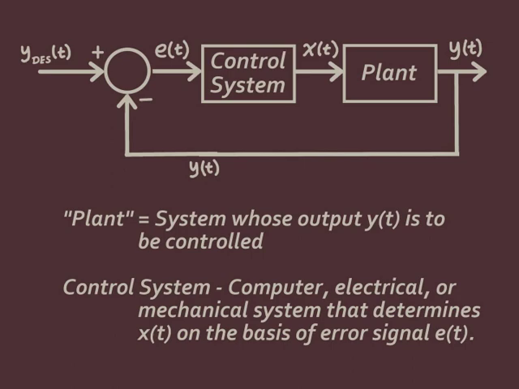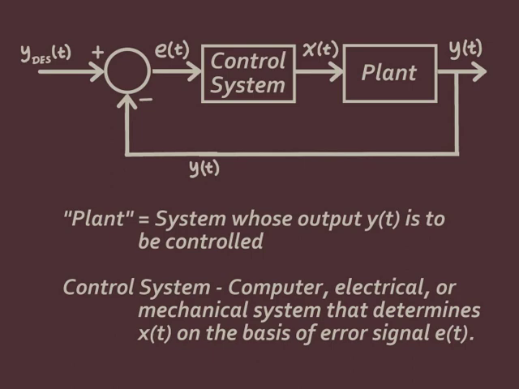So if the error signal was positive, that is, the chips are overcooked, the control system would likely speed up the belt in order for the chips to spend less time in the fryer. On the other hand, if the error signal is negative, indicating the chips are undercooked, then the control system would slow down the belt speed so that the chips would spend more time in the fryer.